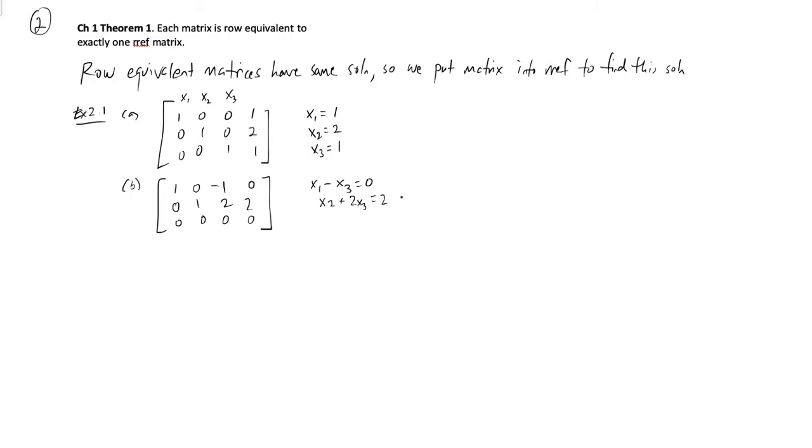This one we don't have to report. And we can simplify this a little bit more. So we can write this as x1 equals x3 and x2 equals negative 2x3 plus 2. And then x3 is anything it wants. This can be anything it wants to be.